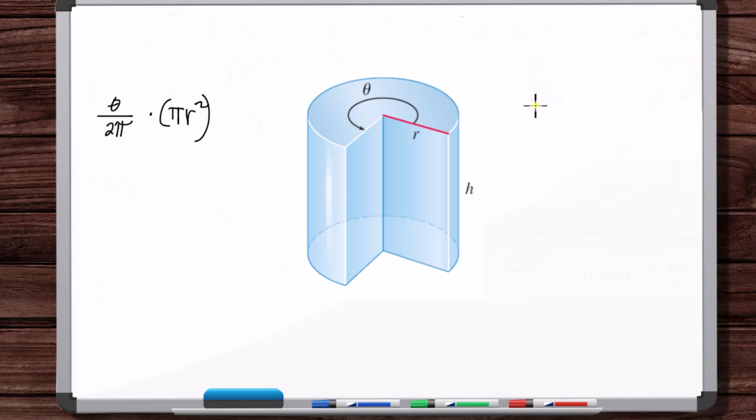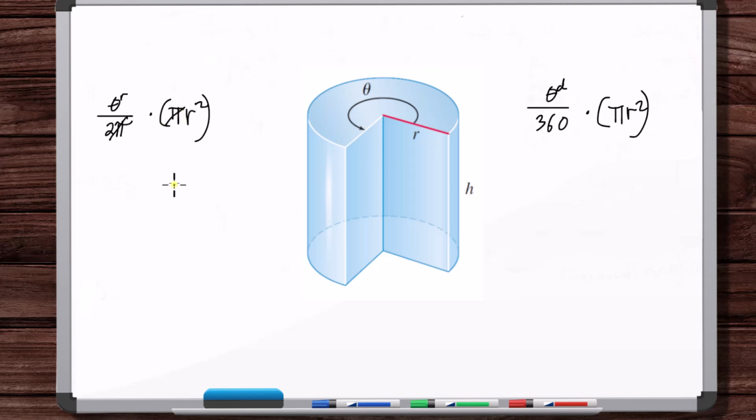Now if we do this in degrees, it's the same area of the circle, pi r squared, but now a full rotation is 360 degrees, and theta is theta in degrees. This is theta in radians, this is theta in degrees. If you're in radians, the formula simplifies because these pi's cancel, but we don't have that with degrees.